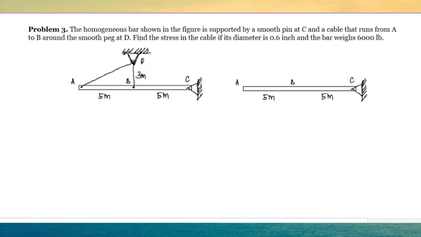So at point A, we have the tensile force in the cable, that's P, and the same force is acting at point B. So this is also force P. Now here at point A, this force P has the slope of 3 rise and 5 run.